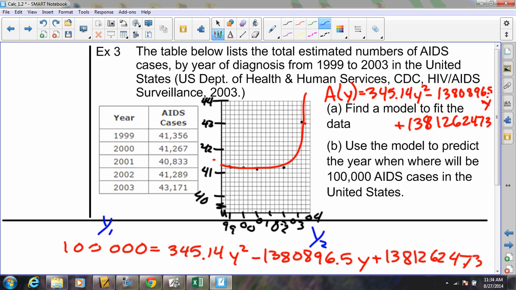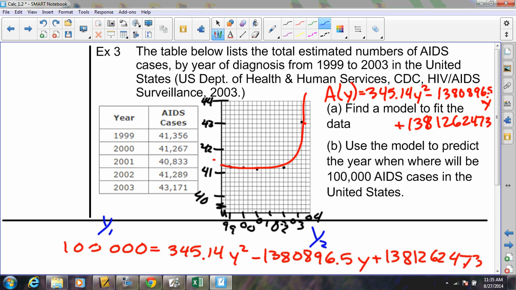I'm not getting the same graph that you guys are. So, window. Okay, I see why. The y minimum on my window is 100,000, which tells me the bottom of the screen is there. Yep.